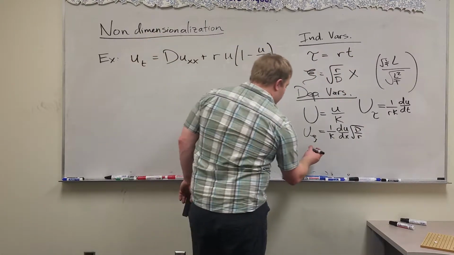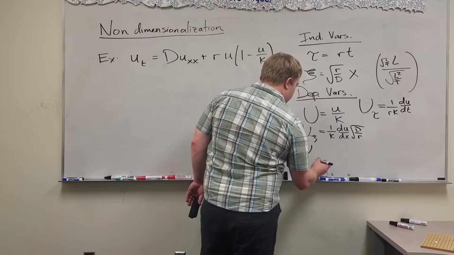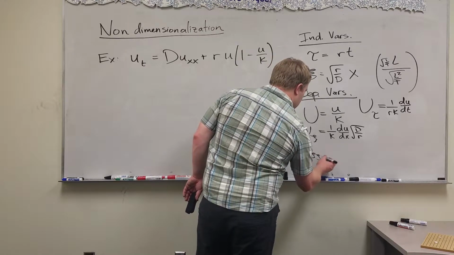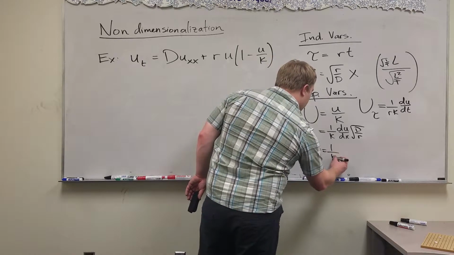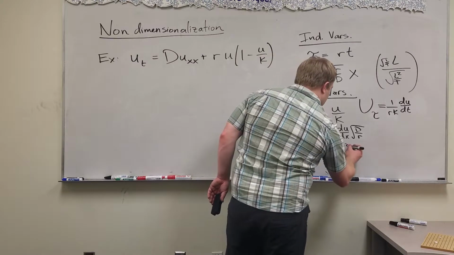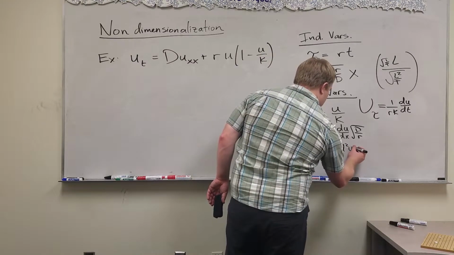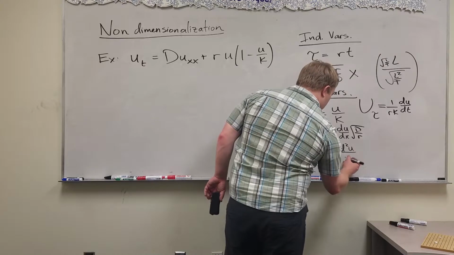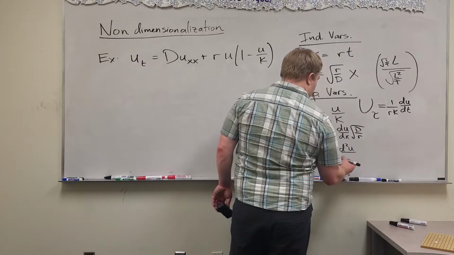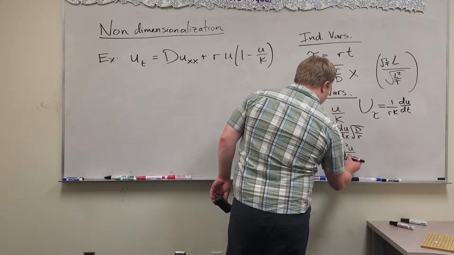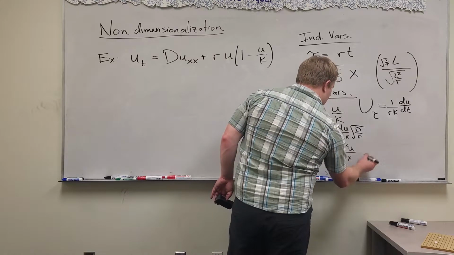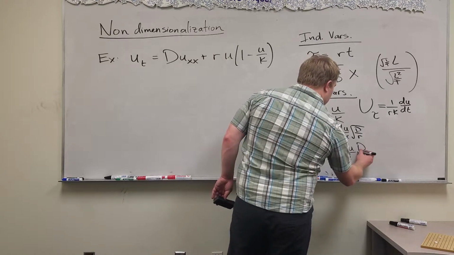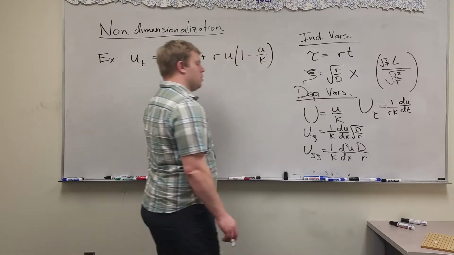If we take another derivative with respect to xi, we're still going to have this 1 over k in front. And taking another derivative of u with respect to xi is just going to bring out another square root of d over r. So this just becomes times d over r.